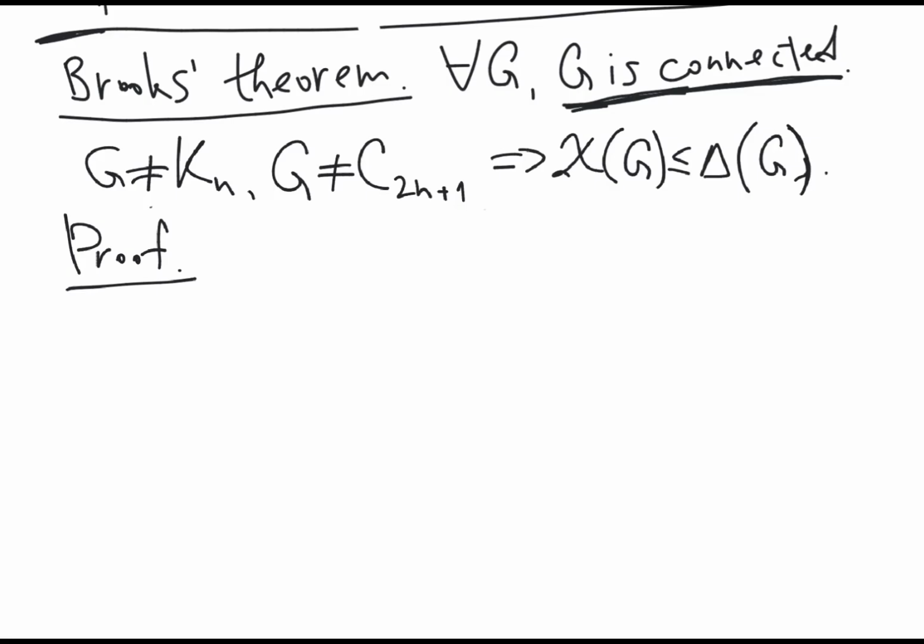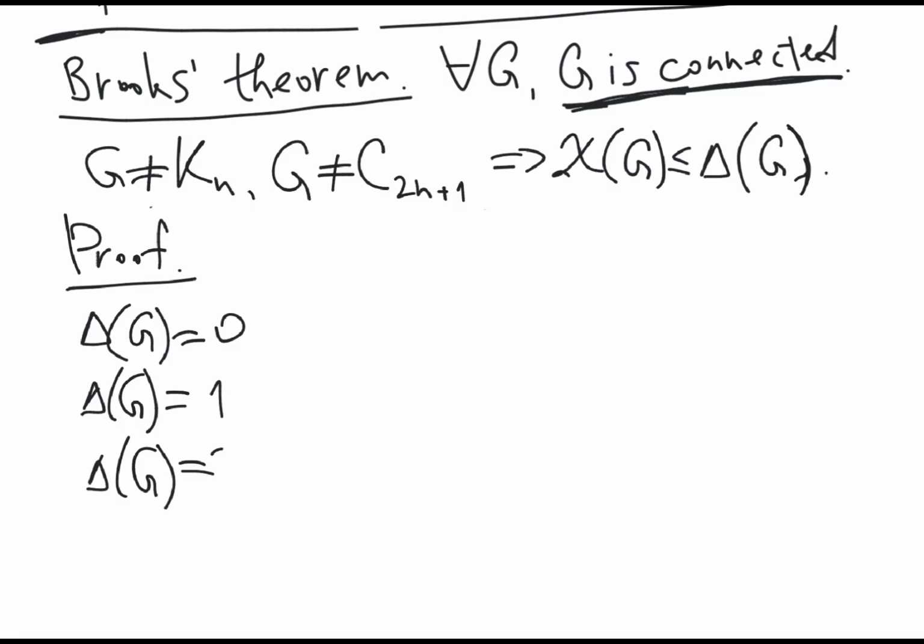Before proceeding to induction, first we are going to separately consider the cases of small maximum degree: when the maximum degree of the graph G is equal to 0, when it's equal to 1, and when it's equal to 2. These 3 cases we are going to consider separately.